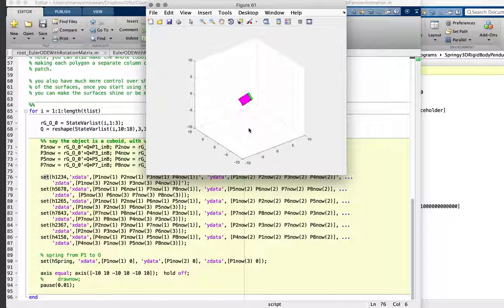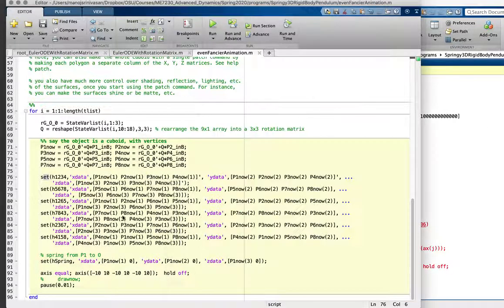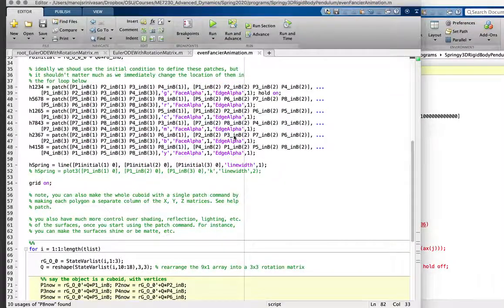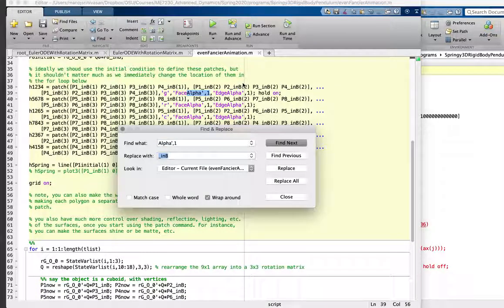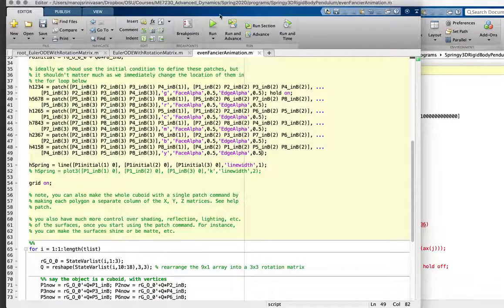So it looks a little bit different from the animation before, because we've not made the faces officially transparent to the eye. So we can actually change all these things in one go. By doing that, I replace all the faces and the edges, their alpha, namely the transparency, to 0.5.